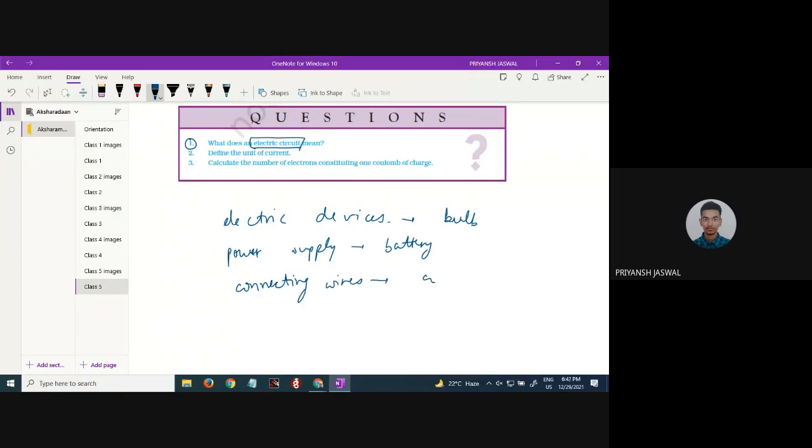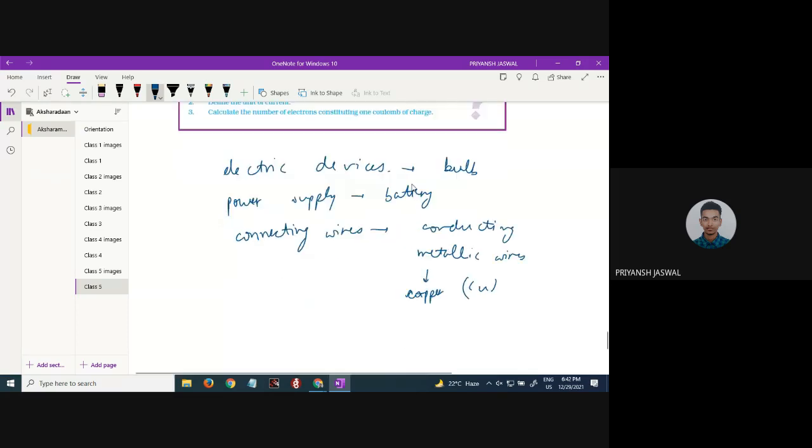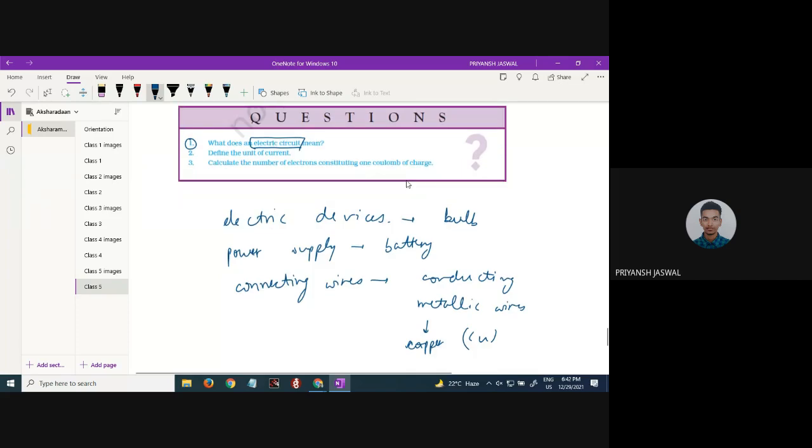These are conducting metallic wires, usually made of copper, because copper is a good conductor of electricity. So if we combine all these things together, then the system which is produced is known as an electric circuit.